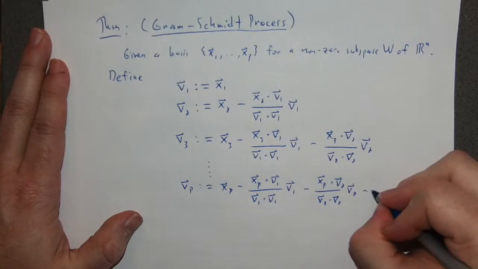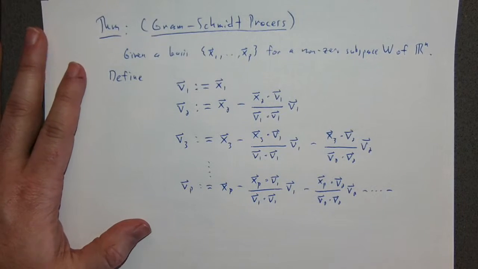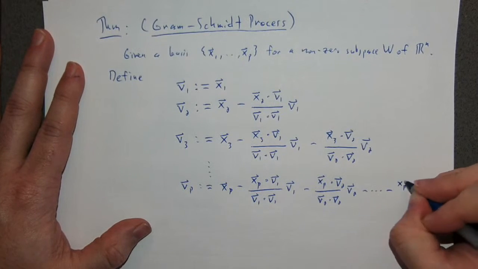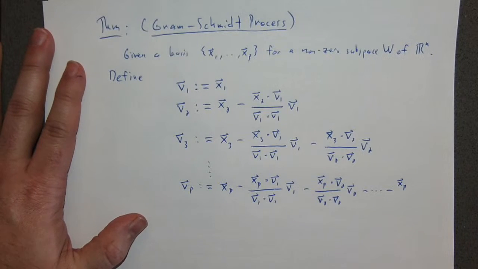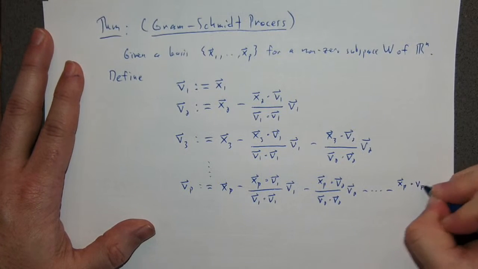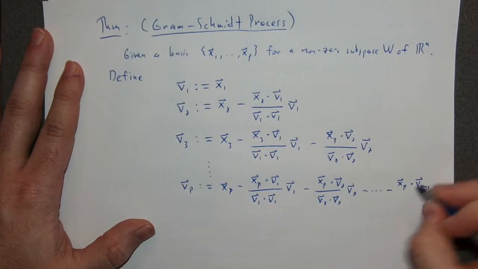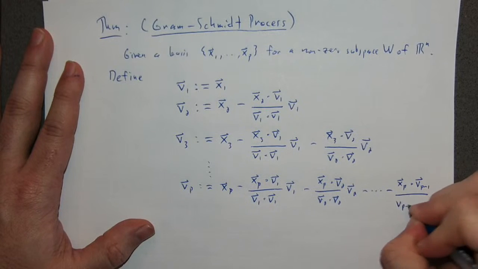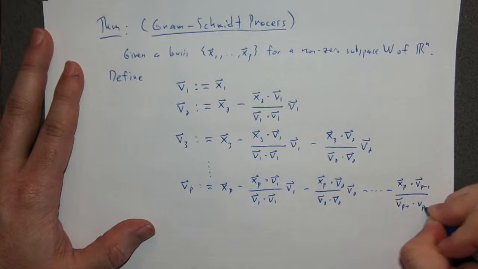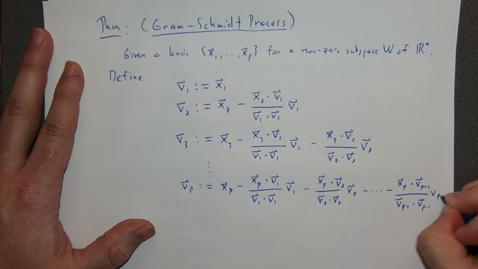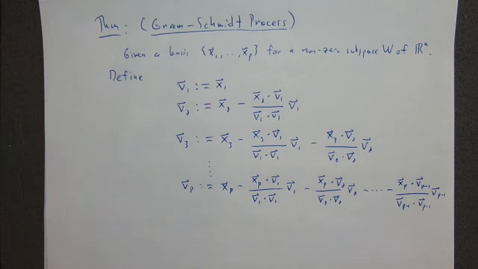And this process is continued until I end with x sub p dotted with v sub p minus 1 over v sub p minus 1 dotted with itself times v sub p minus 1. So I've defined p vectors using only the p vectors in my original basis.